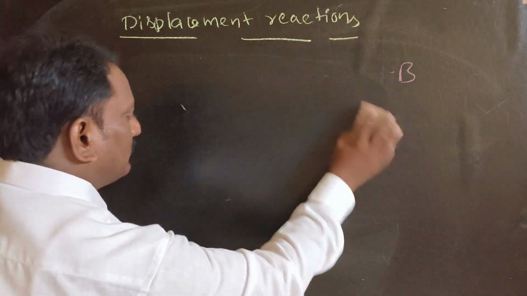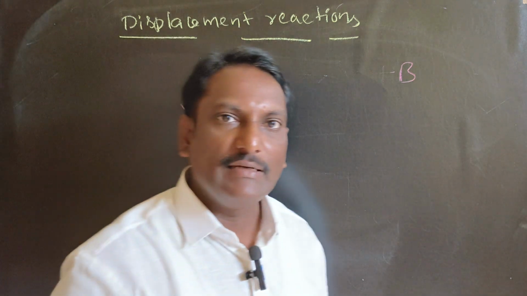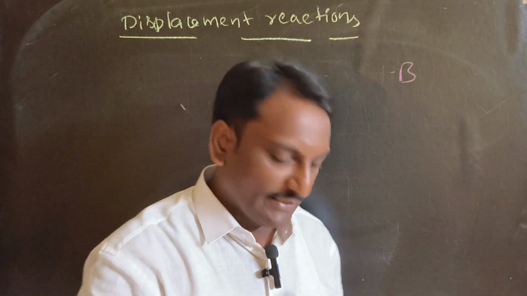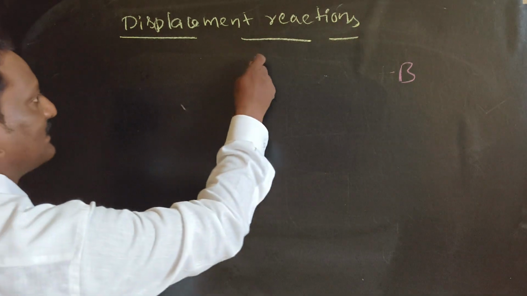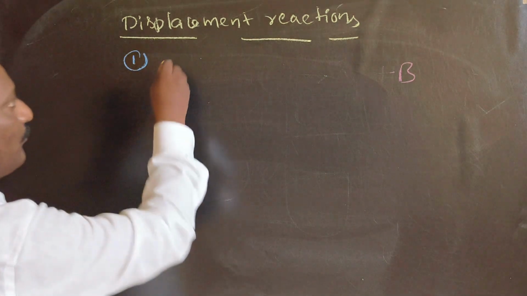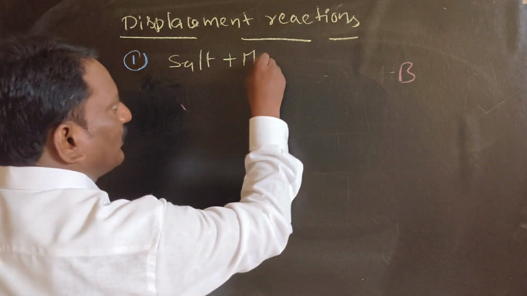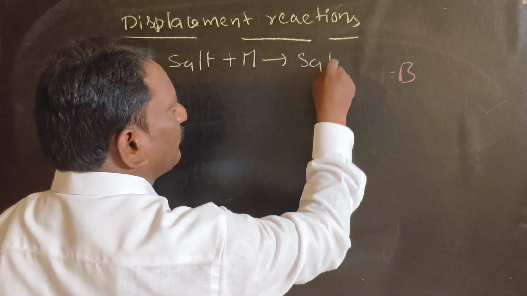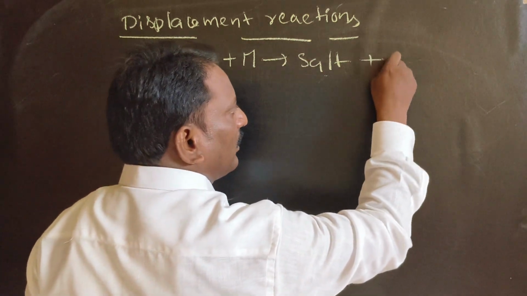We require 3 points in order to understand displacement reaction in detail. Point number 1, generalized statement. That is, when a metal is placed in salt solution, you will get salt of the dropped metal and another metal.